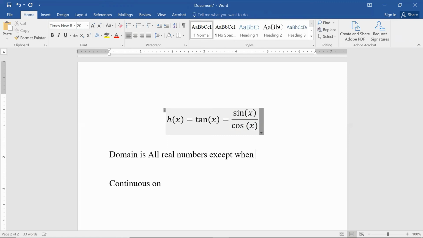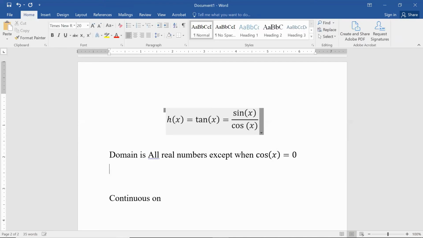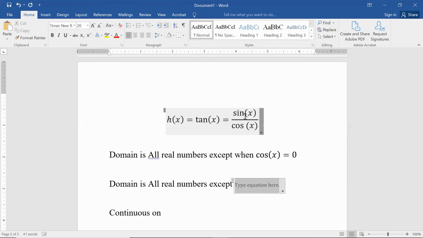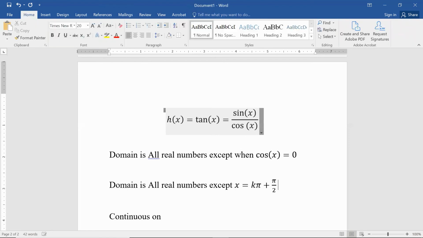Well, when is cosine equal to 0? Cosine is equal to 0 when we are at pi over 2, 3 pi over 2, 5 pi over 2, all of the odd number times pi over 2. Here's how we're going to write it. We're going to write this as k times pi plus pi over 2, where k can be any integer.